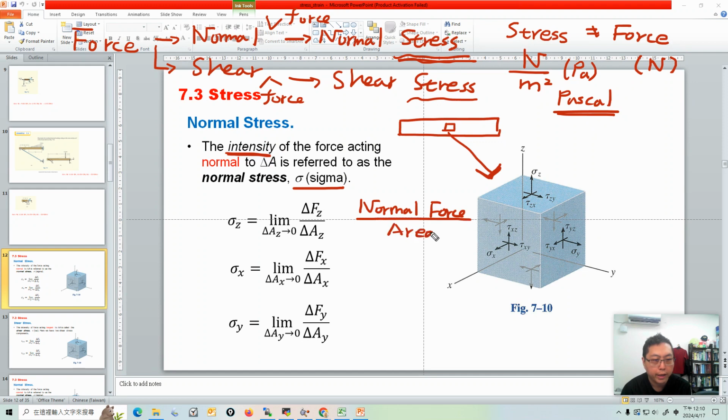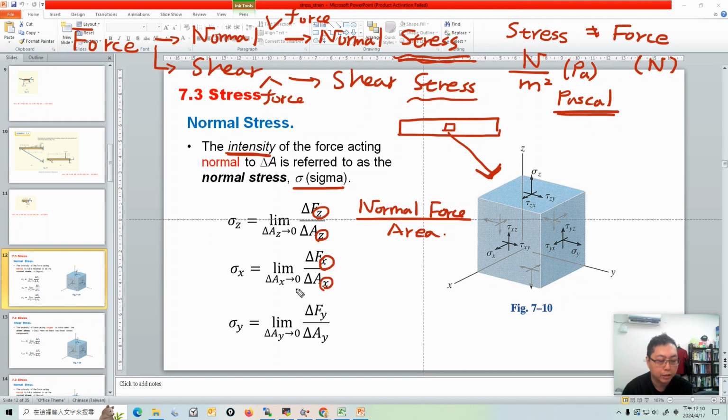Be careful: the direction of the normal force and the direction of the area must be the same. That's called normal stress.